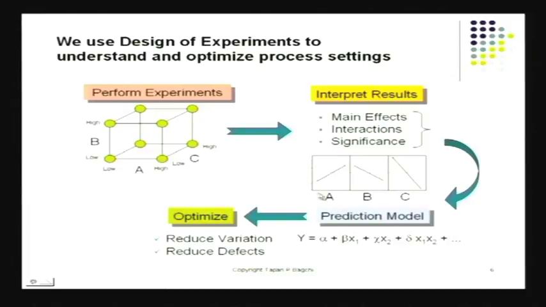And notice here I've got the effect of A plotted out. When A goes from low to high setting, this is what happens to the response. The response goes up. When I move the setting of B from low to high, the response comes down. And when I manipulate C from low to high, again the response comes down.